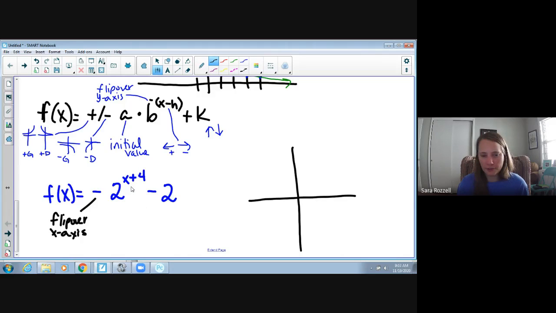Four to the left, right? So this is going left 4. And this minus 2 at the end says we're going down 2. Okay. And we have a base of 2, so we are doubling.